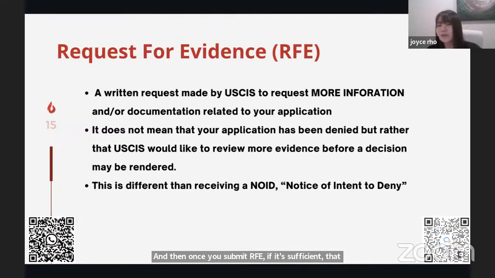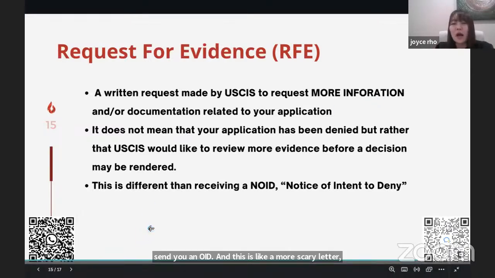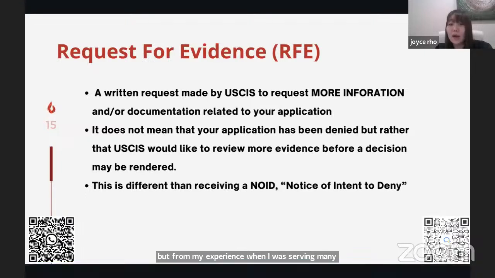But if the response is not sufficient, they can send you a NOID, which is a scarier letter. From my experience serving many clients here, I do not see a NOID happen unless clients are not diligently providing evidence in their RFE response. So as long as you diligently answer and collect evidence for the RFE, you can overcome this difficult time as well.